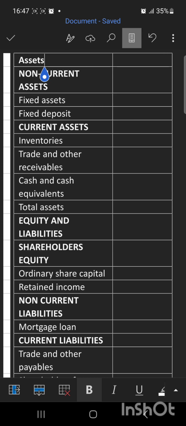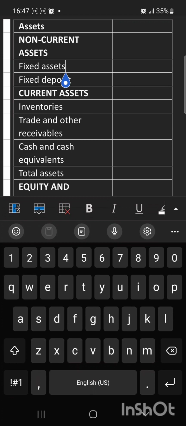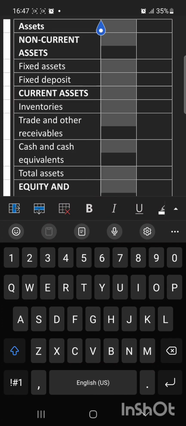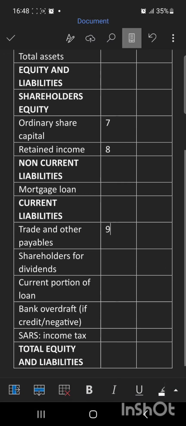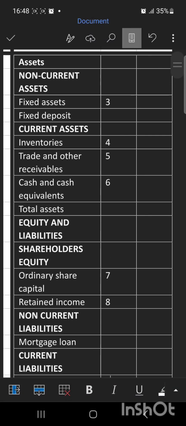So now, when it comes to the balance sheet in preparation of your fixed assets, what you need to know is that this is our note number 3. Sorry, I forgot to write down the number of the notes. Let me try to do that as quickly as possible. So with note number 3, we as a business want to see the movement of our fixed assets within that particular year.